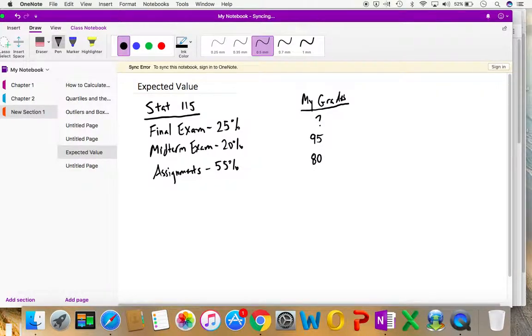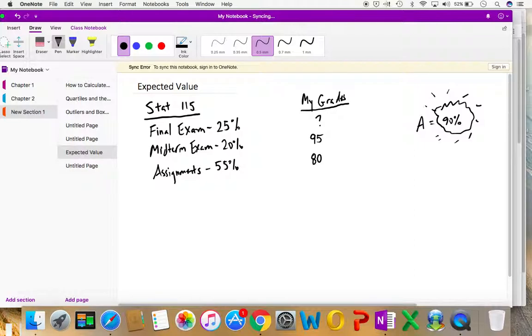And I want to figure out, okay, what do I need to get on my final exam to get an A for the course? And when we say an A, we'll just say it's equal to 90%. Okay, that's where we want to be. That's our sun, that's our beacon of light. I want to be at a 90%. So how do I get to that 90%?